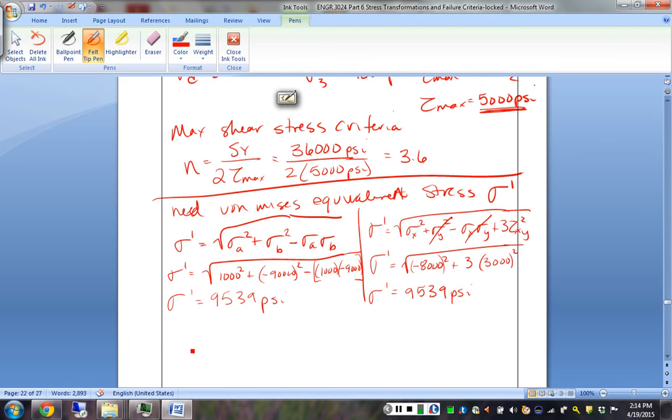So our factor of safety n for the von Mises criteria, distortion energy criteria, is the yield strength of the material over that von Mises equivalent stress, 36,000 over 9539, 3.77.